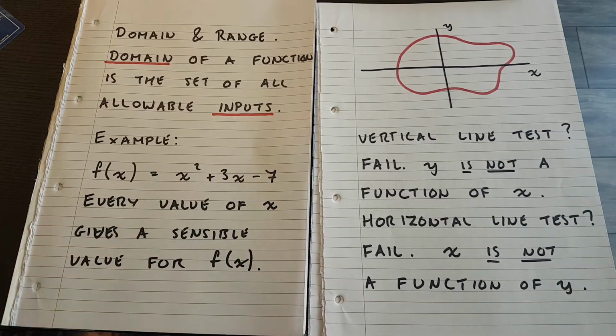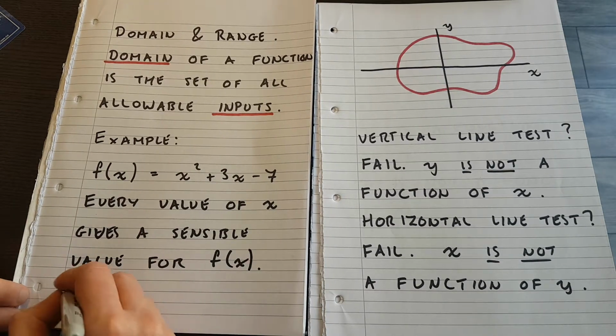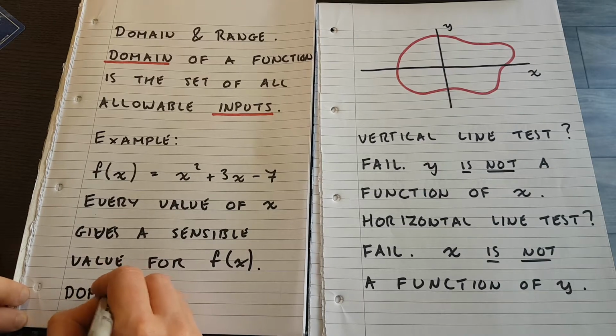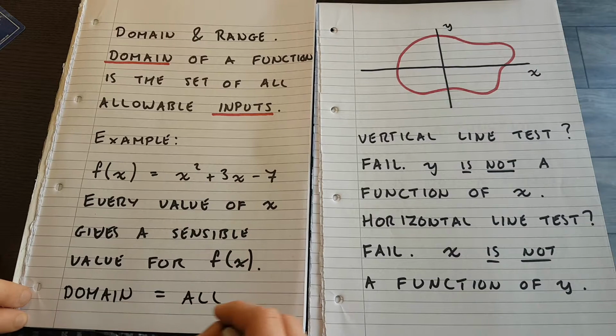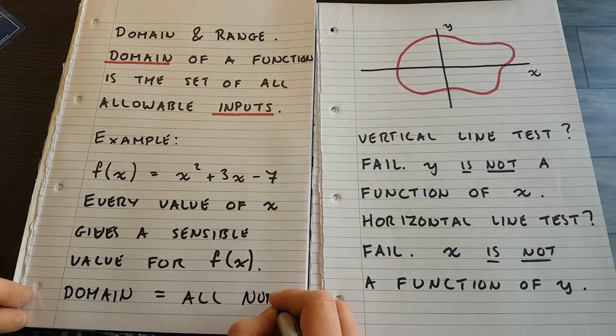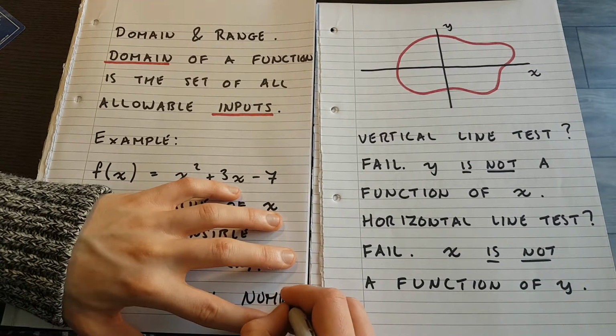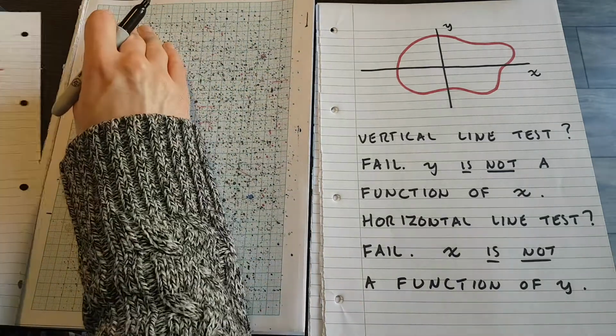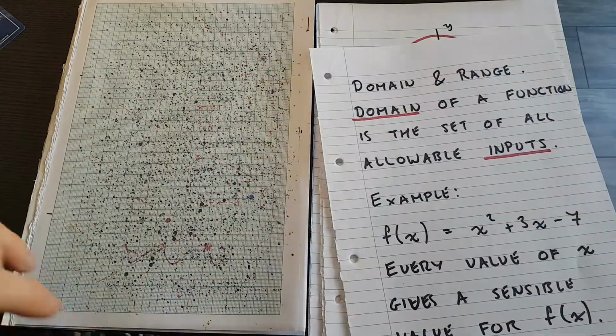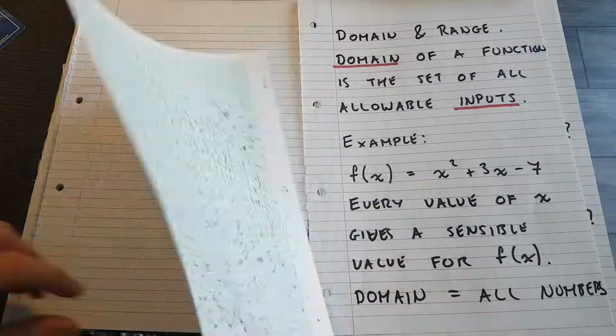Which means the domain is all real numbers. Domain is all numbers. It's totally fine. Any single number there is completely acceptable.